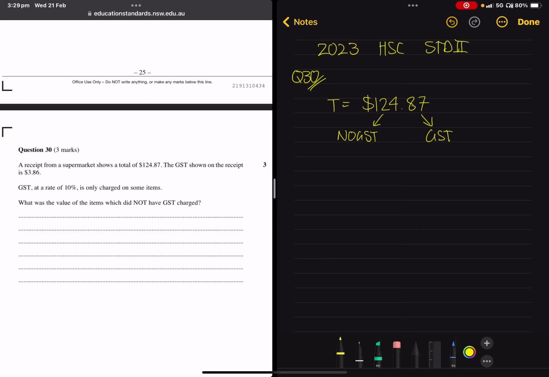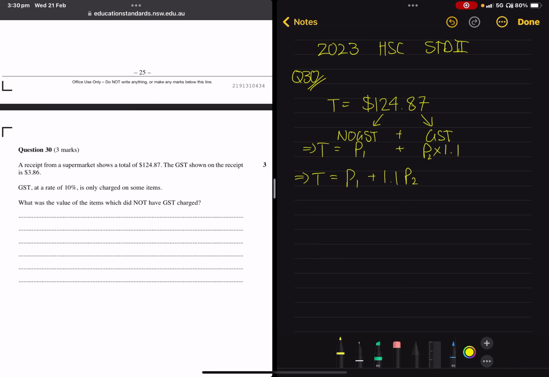So that means we have the price of the goods purchased multiplied by 1.1, and let's call this P2, the price of the GST goods, and then we have the price of the non-GST goods, which we'll call P1, and the total is equal to the sum of these. So this gives us T is P1 plus 1.1 times P2.